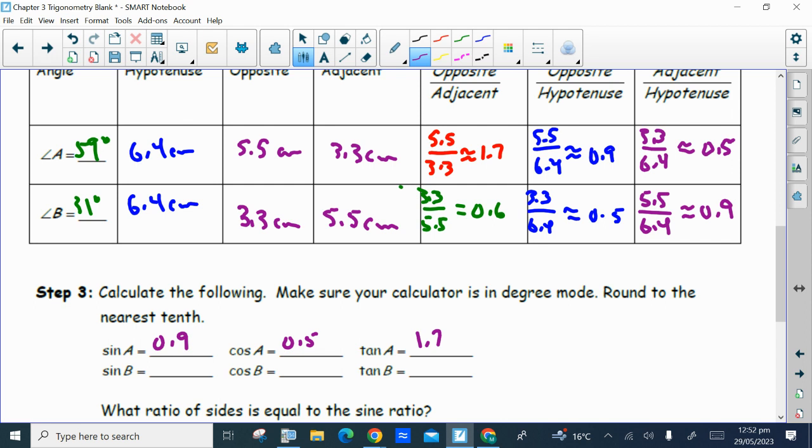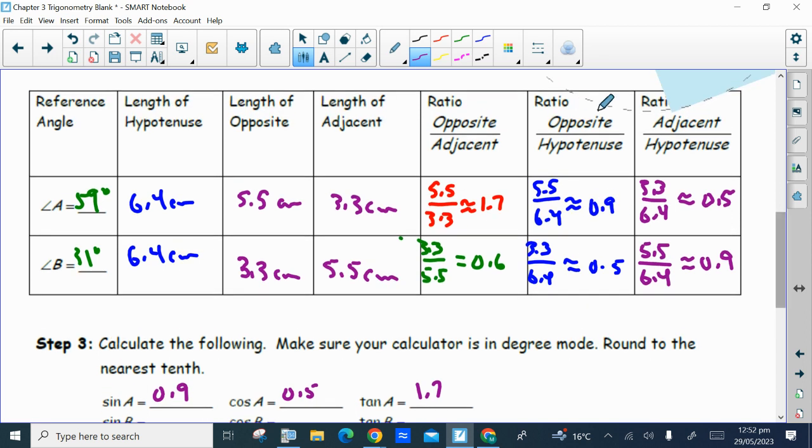Now, if you look on the row here for 59 degrees, you see these same three decimals. When we took the sine of A, we got 0.9. Well, that's this decimal right there. We got that decimal by taking the ratio of the opposite over the hypotenuse.